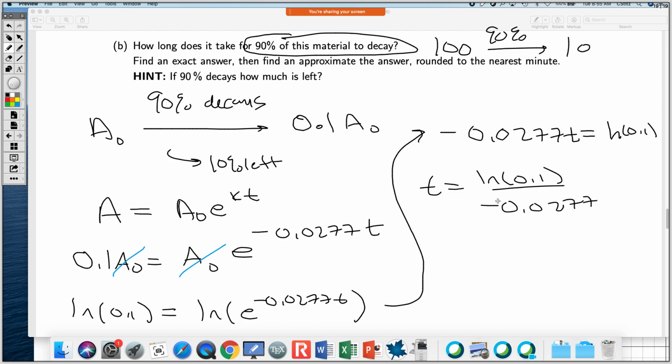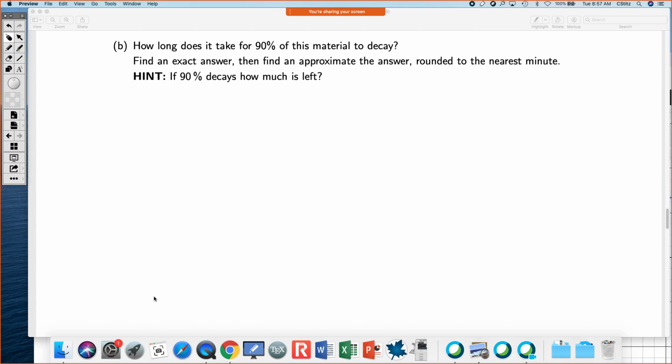This looks like, at first glance, you're going to end up with a negative number, which doesn't make any sense. But remember, what I'm plugging into the natural log there is less than 1. So the natural log of 0.1 itself will be negative. And so I'm taking a negative divided by a negative. So it will be a positive, and let's see what it's going to be.